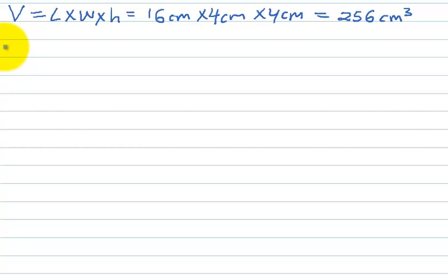That is, the weight of the object in air will be equal to the weight of the fluid displaced. The fluid in this case is the liquid. So the weight of the liquid displaced can be calculated.